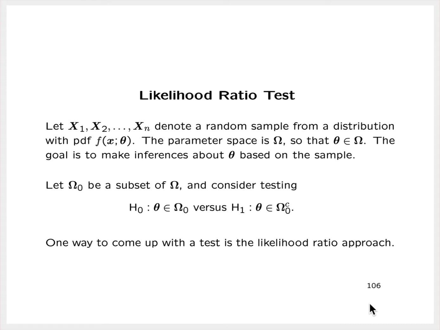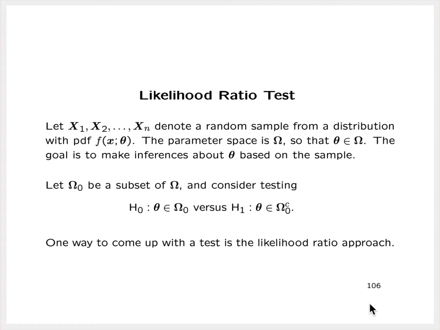This is a very general approach to come up with hypothesis tests. In fact, we could use the likelihood ratio test to come up with hypothesis tests for all of those situations that we just talked about that you covered in your first methods classes. In fact, from a formal or theoretical standpoint, in many cases, that's exactly how those tests were obtained.